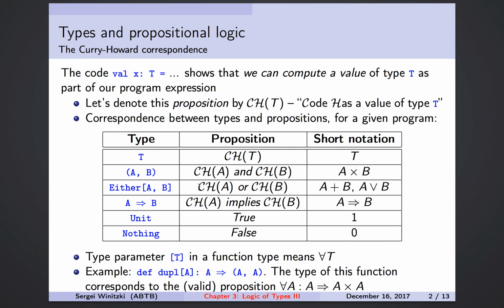So in the logic, it means you have computed A, so code has A, or code has B. So this is a logical OR operation on the two propositions ch of A and ch of B. So in other words, ch of tuple AB is equal to this. Ch of either AB is equal to this.